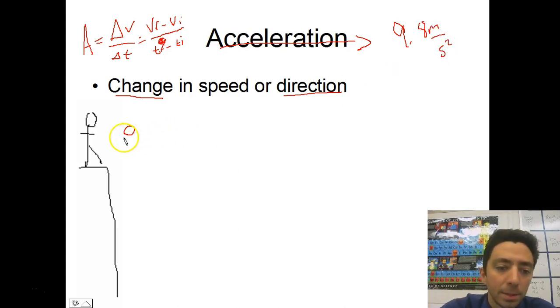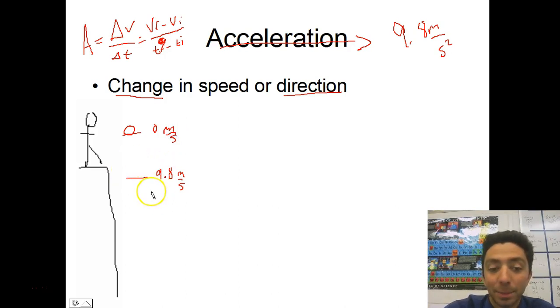And so what that means is that for the first second that this bowling ball falls, at the end of that second, it'll be going 9.8 meters per second as its speed, right? Initially, before we let go, of course, it'll be 0 meters per second.